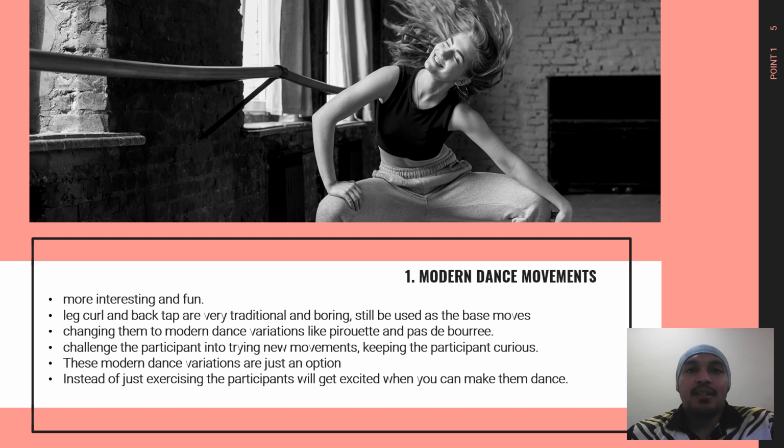These variations are just an option, meaning if the participant can't do pirouette or pas de bourrée, they could still just remain with leg curl and back tap. So instead of just exercising, the participant will get excited when you can make them dance.